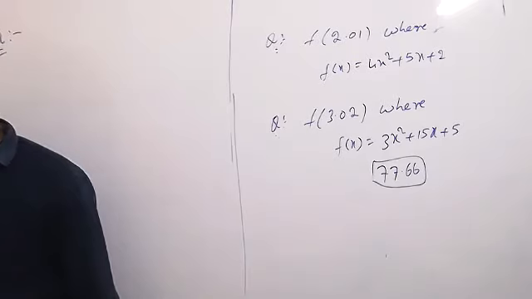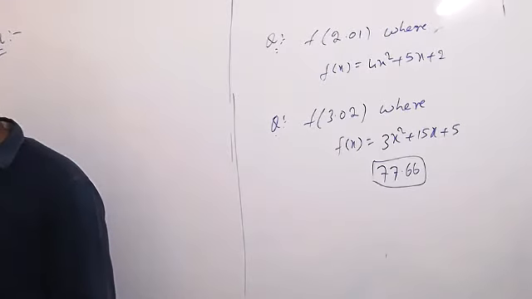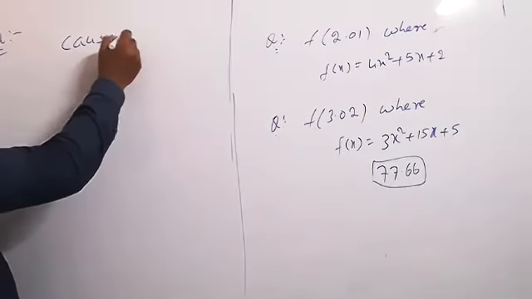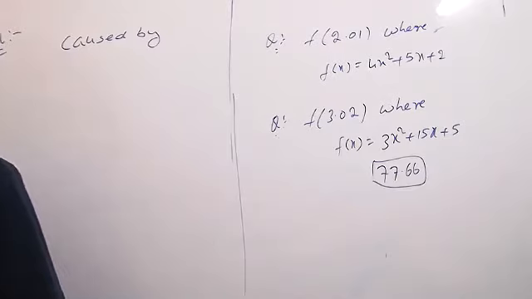Find the approximate change in volume of a cube of side x meter, caused by increase in the side by 1%.